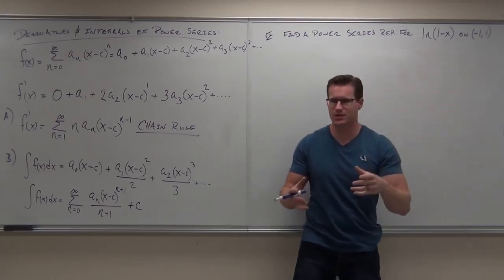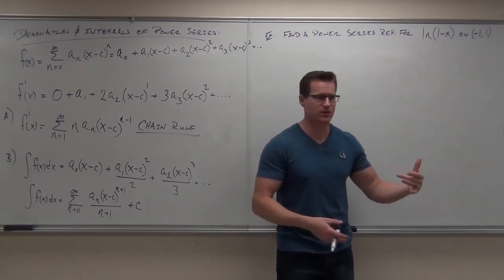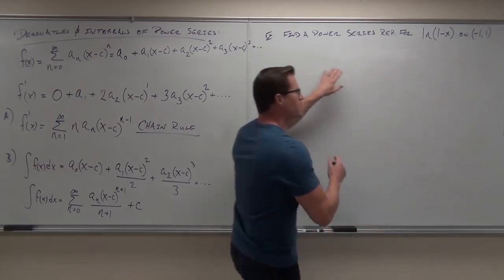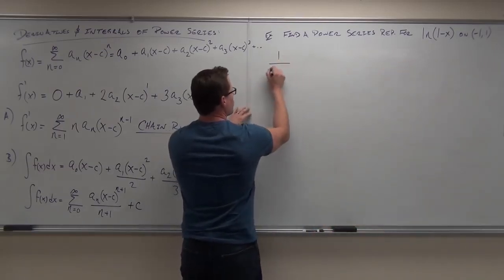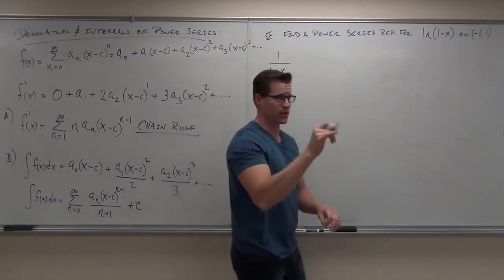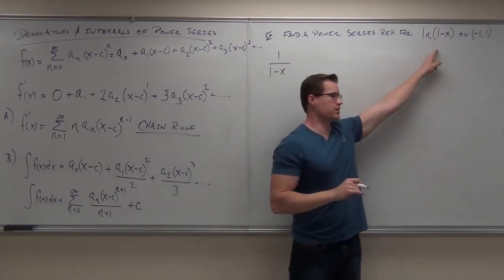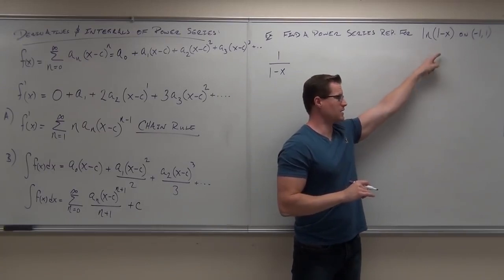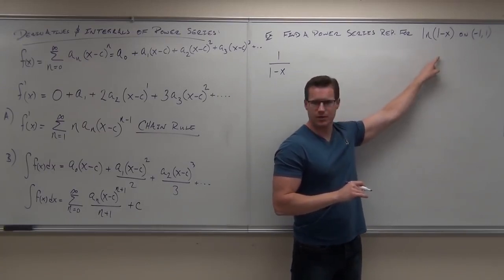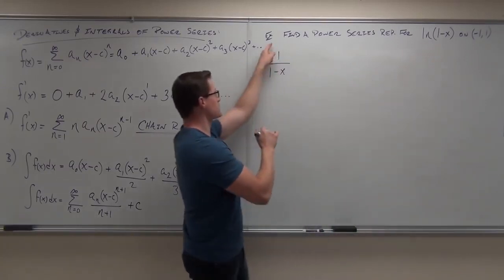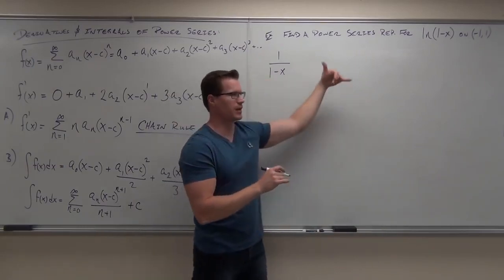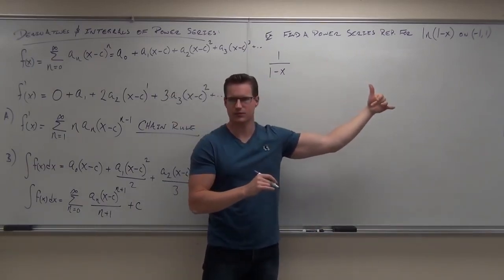Now, I'm going to cut to the chase because I'm running out of time and I want to make sure that you get this. Here's the deal. I know that if I start with 1 over 1 minus x and I do an integral of that thing, the integral is going to be pretty darn close to that. Do you see that? It's going to be negative, but it's going to be pretty darn close. Are you with me on this, folks? So the integral of this thing gives us negative ln of 1 minus x. Quick head nod if you're okay with that.